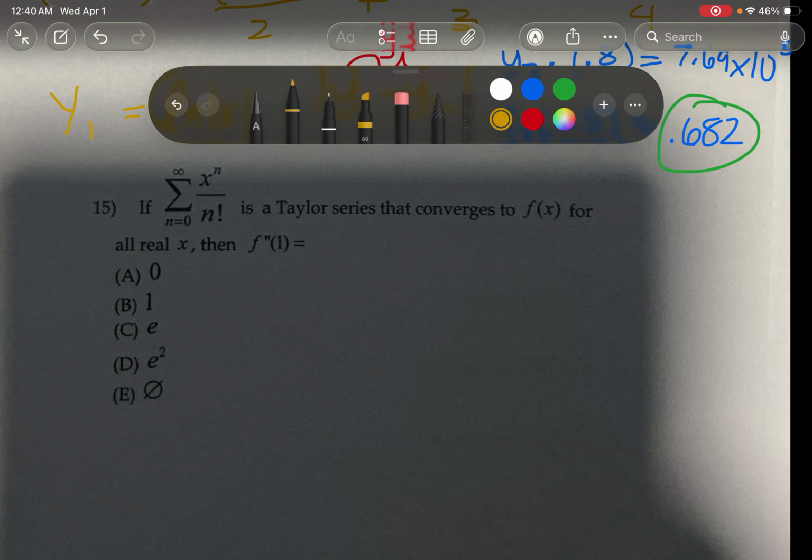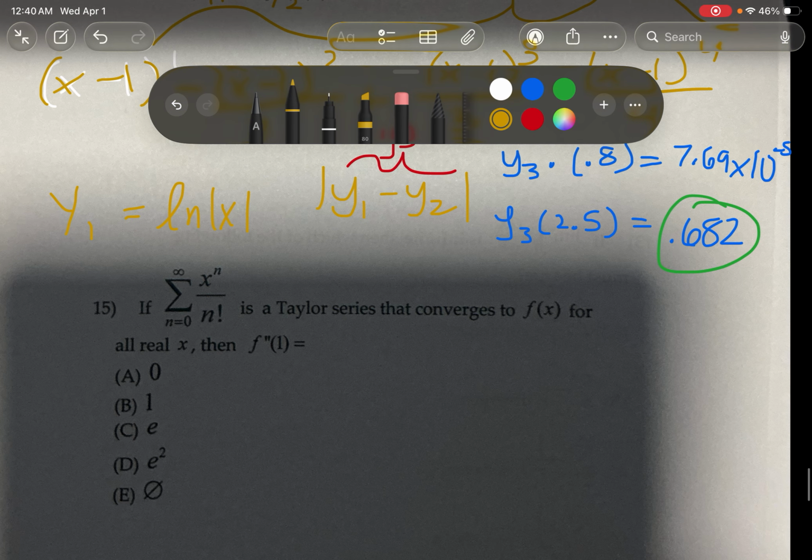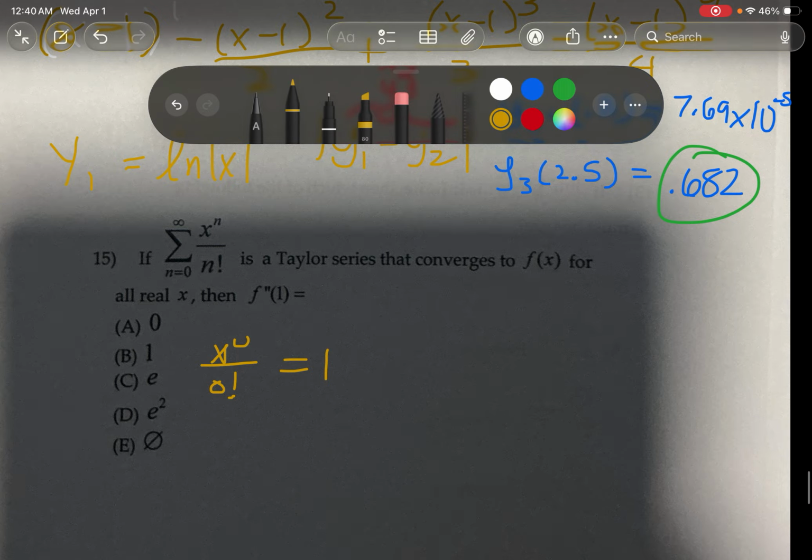So let's test each term. Let's start at x to the 0 over 0 factorial. X to the 0 is going to be 1. Okay, that's just going to be 1. We're going to look for the second degree. X to the 1 over 1 factorial. That's just going to be x.